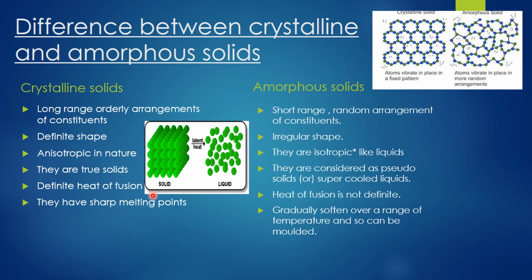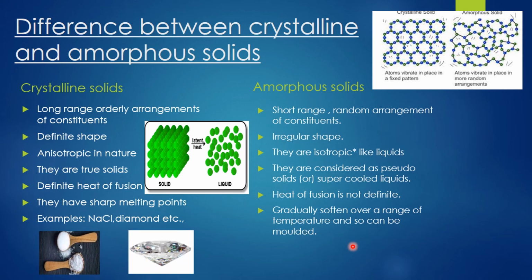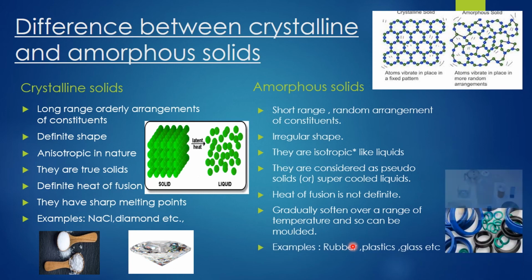It will not have an abrupt change of solid directly becoming liquid. That change you cannot expect from the amorphous solid. Hence it can be molded. That's one of the properties of amorphous solids. Examples of crystalline solids are sodium chloride and diamond, and examples of amorphous solids are rubber, plastic, glass, etc.